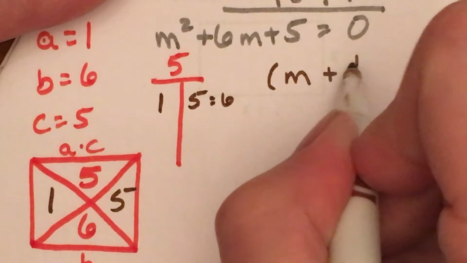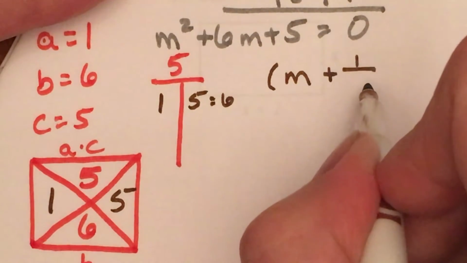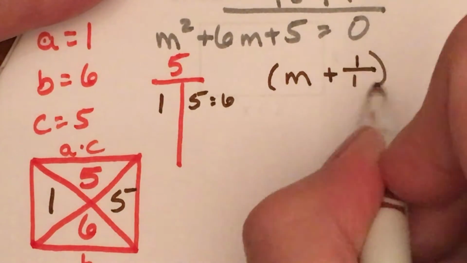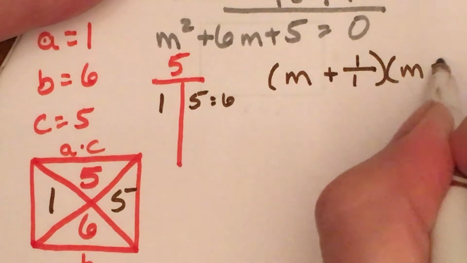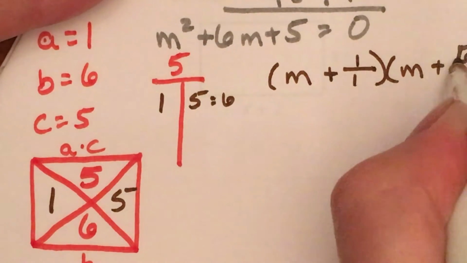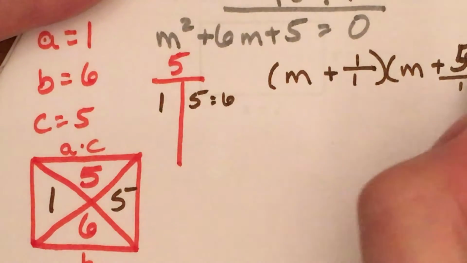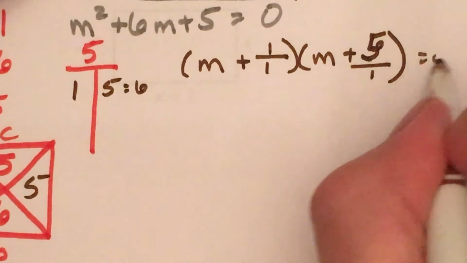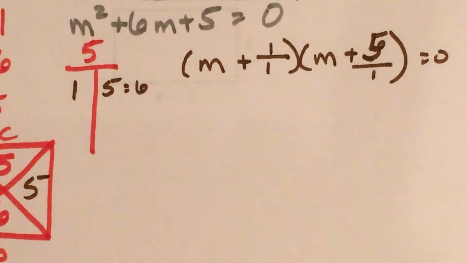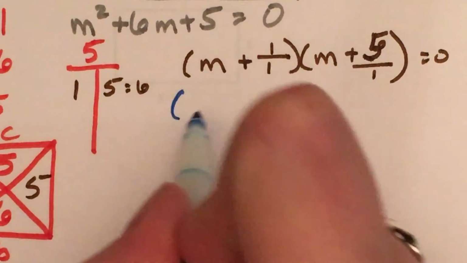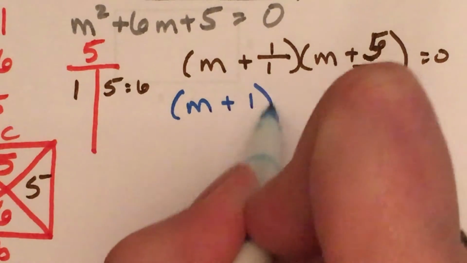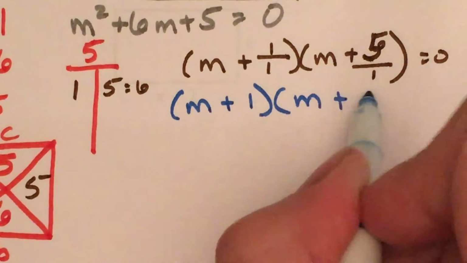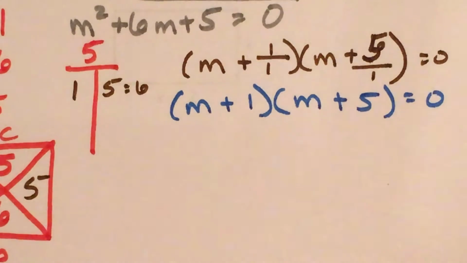M plus 1 over A. What's the value of A? 1. M plus 5, hello, over 1. That's an ugly, messy 5. All right, let's tidy this up just a little bit. M plus 1, M plus 5.